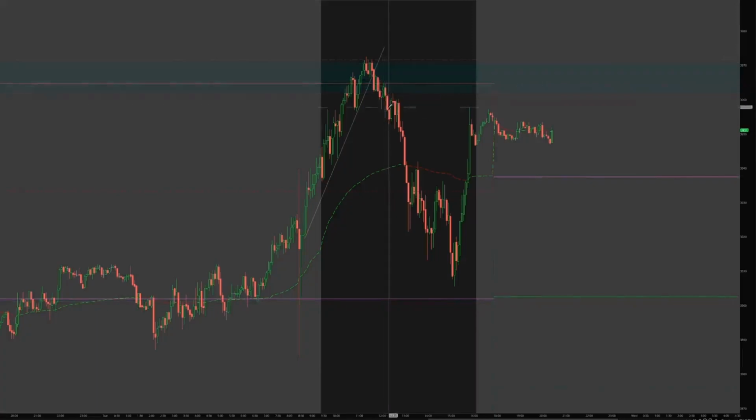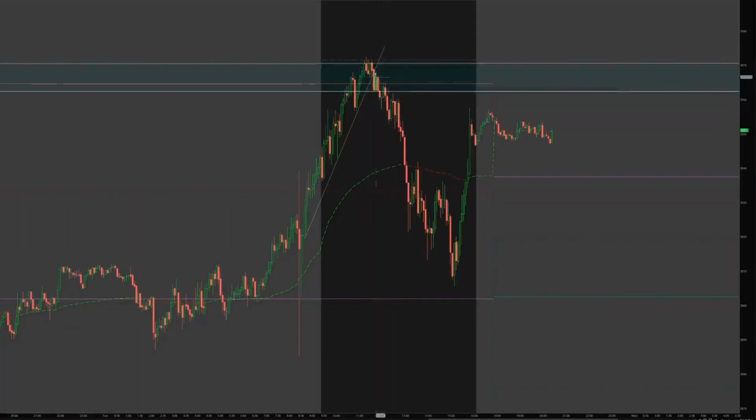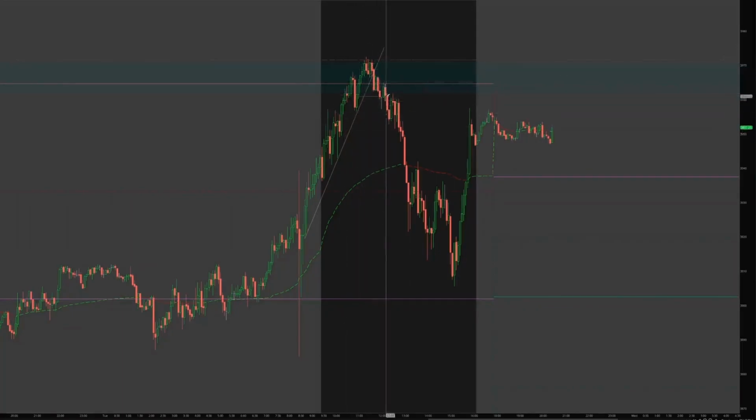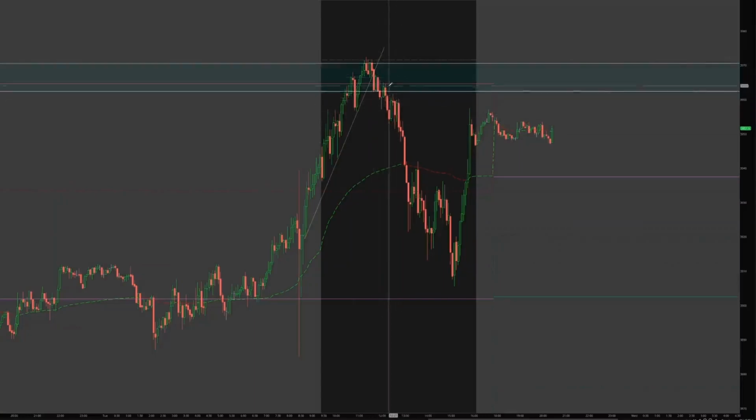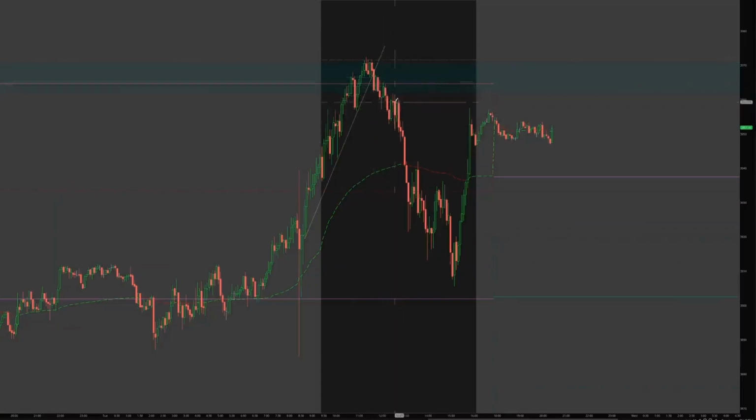Then this time we printed, and we broke this higher low area also, which also changed the direction of the move. From here we went through the previous higher low area, then we did a pullback and kept the downtrend and kept the higher lows, and price continued going down from that level.